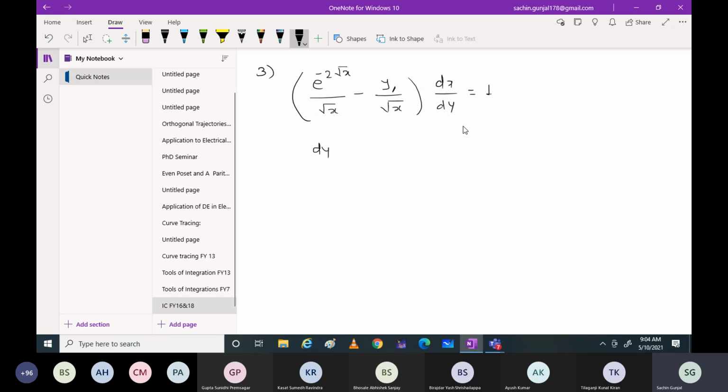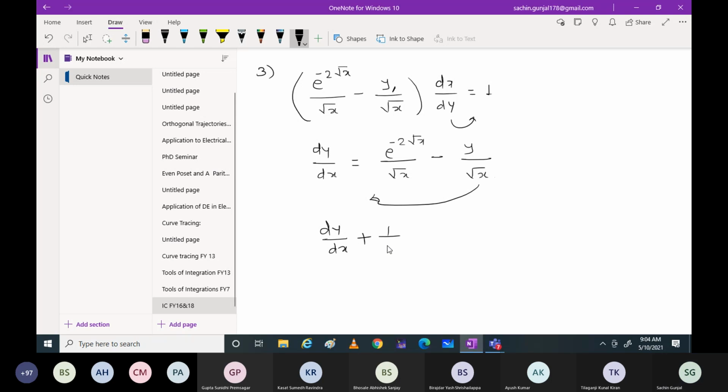So dy by dx, you can take this to that side. So dy by dx is equal to e raised to minus 2 root x upon root x minus y upon root x. Okay, so bring this term to this side. You will get dy by dx plus 1 upon root x into y is equal to e raised to minus 2 root x upon root x.